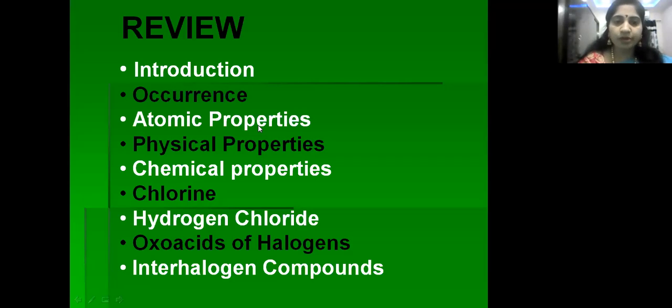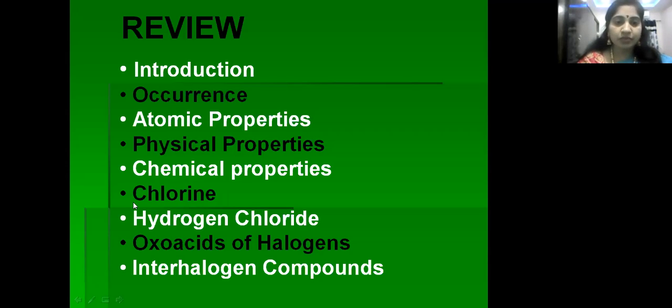In atomic properties, we are going to discuss atomic and ionic radii, electronic configuration, ionization enthalpy, electronegativity and electron affinity. After that, we'll discuss physical properties and chemical properties of 17 group elements. In chemical properties, we are going to discuss reactivity towards hydrogen, oxygen, metals, and halogens, right?